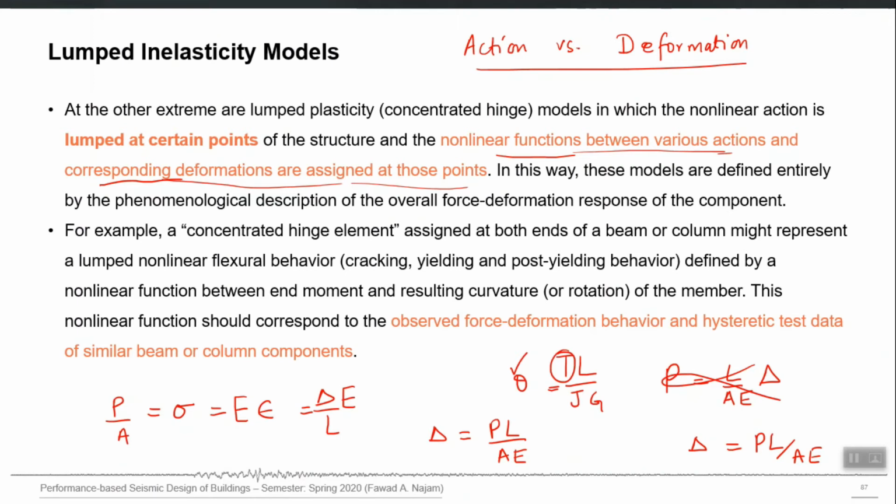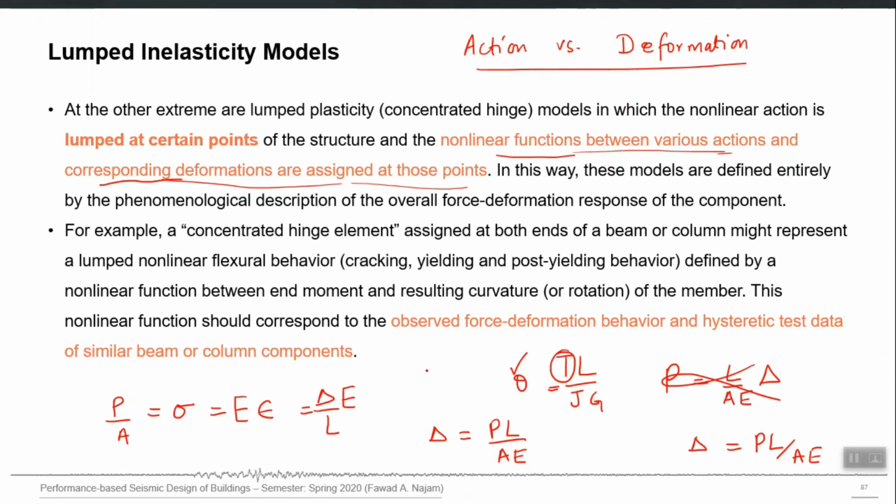Any action and deformation can be related by a simple equation in which there will be a constant. The form of the equation will be simply the same as Hooke's law, that action is equal to some constant into deformation, or deformation is equal to 1 over constant into action.